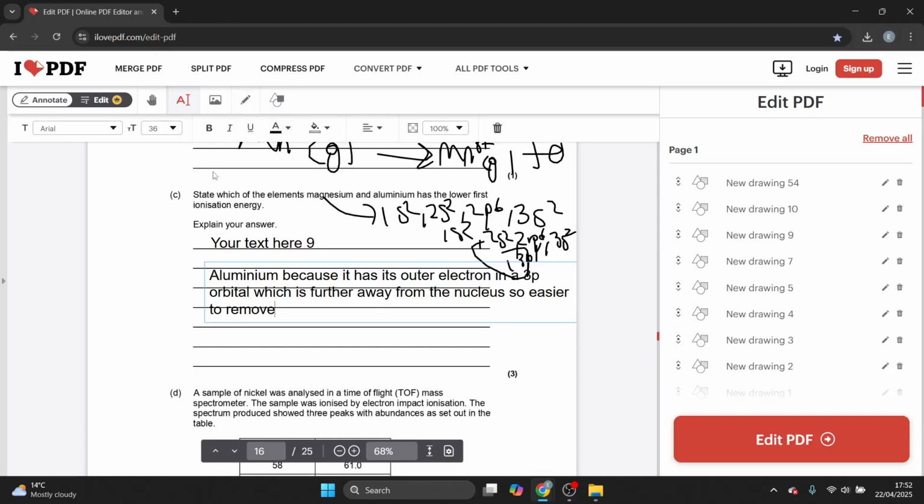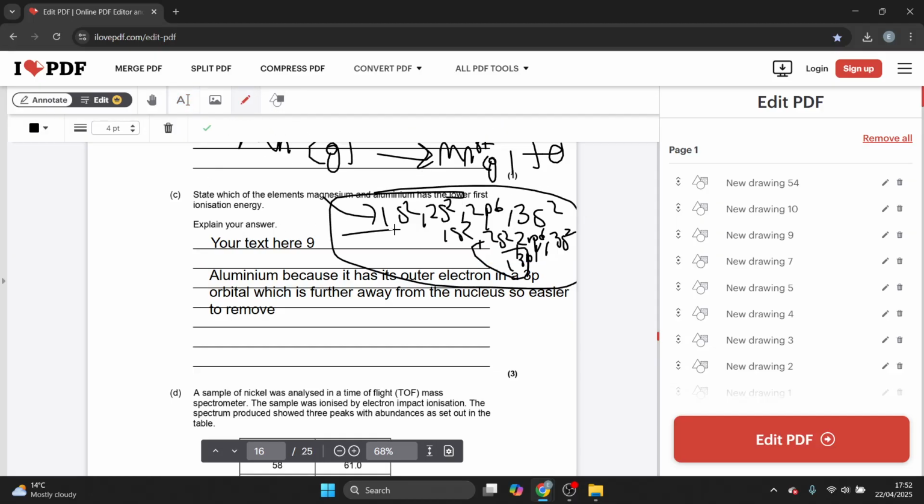That's why being able to do this skill of drawing out the electron configuration is a massive skill. Because if you just made a prediction with magnesium, aluminium, Mg2+, Al3+, I could definitely see myself falling for the idea that first ionization energy generally increases across a period.